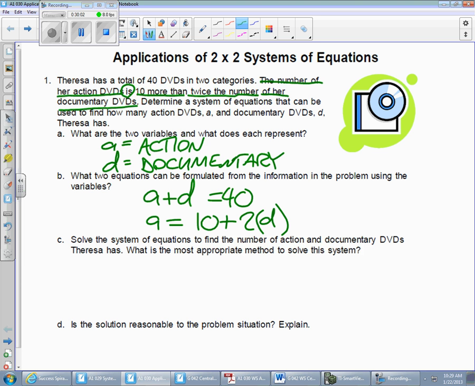If we wanted to talk to our calculator about the system, what might the system say? Instead of A's and D's, could we convert it over to X's and Y's so the calculator could understand it? And the answer is yes, you can convert to X's and Y's as long as you remember how you converted it. So let's start with the obvious.